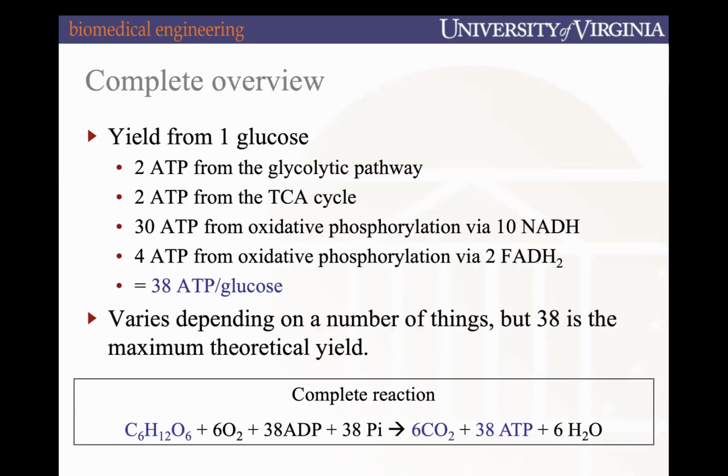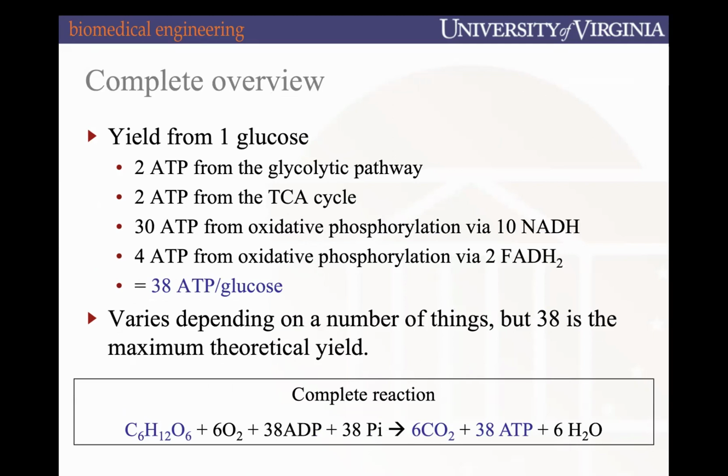So to bring all of these metabolic processes together, we're going to get 2 ATP from glycolysis, okay? In addition to that, we're going to get 2 pyruvate molecules as a result of that. During the intermediate step, we go from 2 pyruvate to 2 acetyl-CoA. That's going to feed into the TCA cycle.